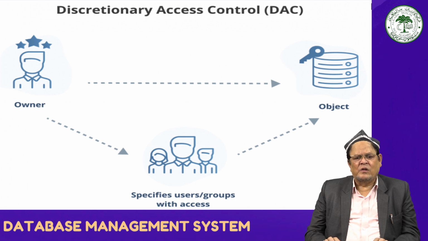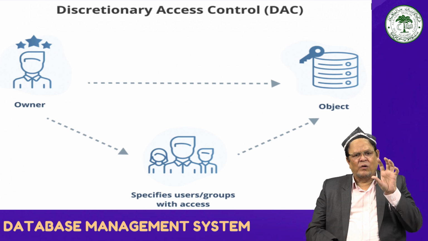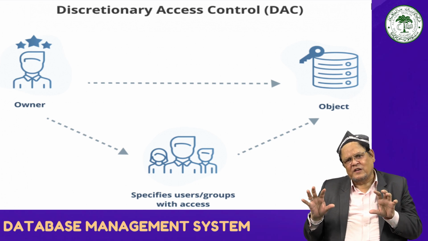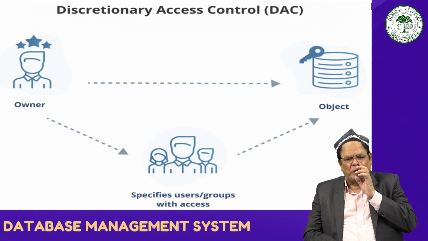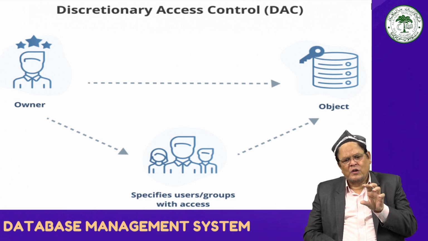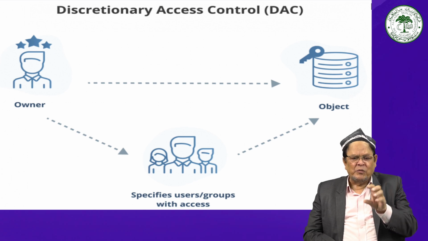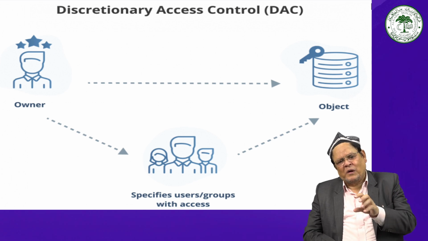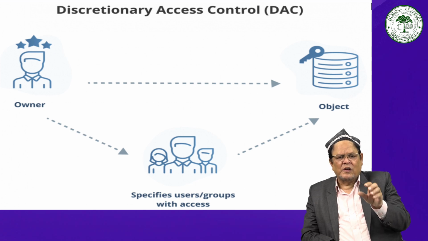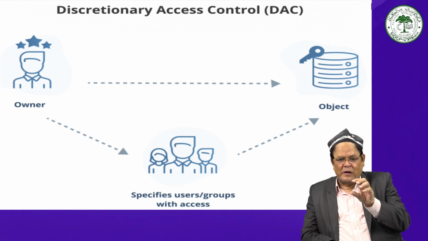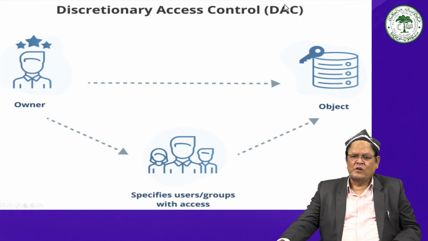Discretionary access control: in the figure on the screen you can see there is one owner, on one side the object, and in the middle some users or groups of users who want to access it. The owner gives permission, the access, by authorization. He gives some password, whatever he authorized to access the objects.